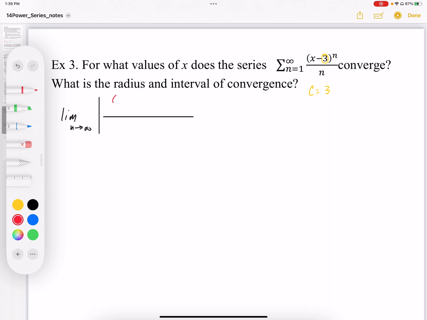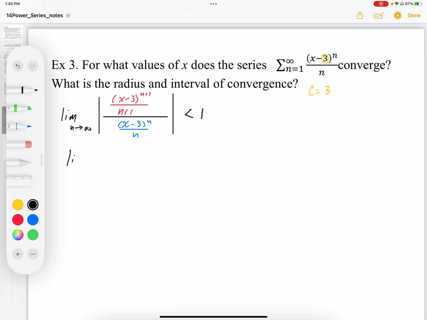So we end up with (x minus 3)^(n+1) over n plus 1. And in the denominator, we have our (x minus 3)^n, and that's all over n. And we're looking to see where this is going to be less than 1. Okay, and that's going to help us establish our radius.